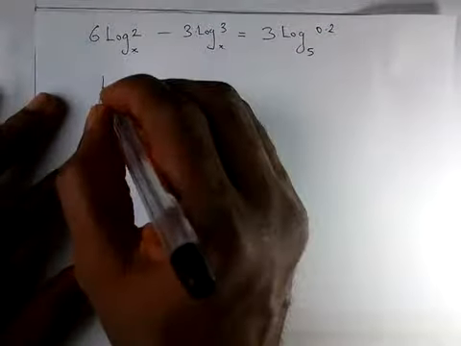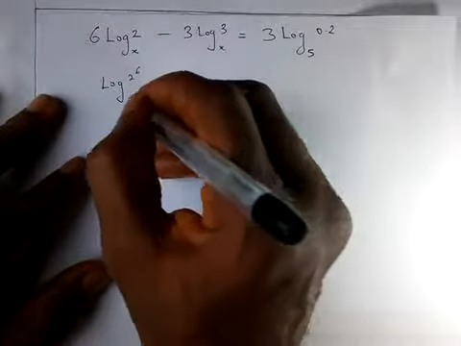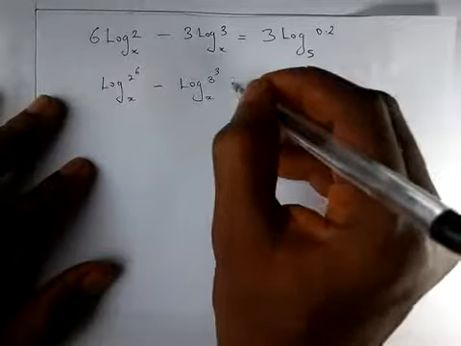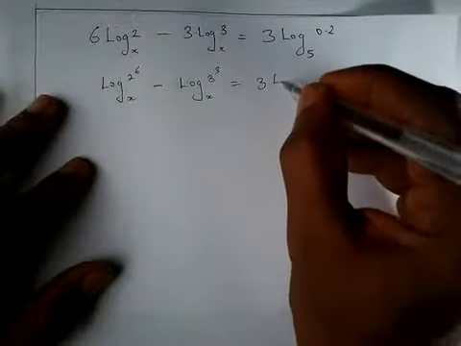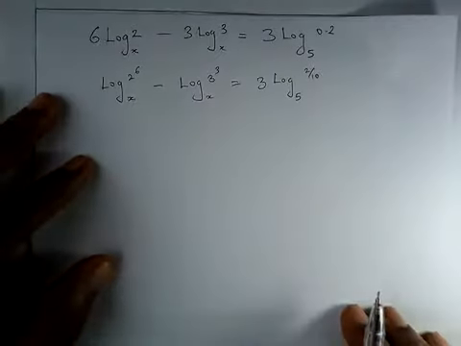Now this is log 2 raised to power 6 to base s minus log 3 raised to power 3 to base s is equal to 3 log what is 0.22 over 10 to base 5.